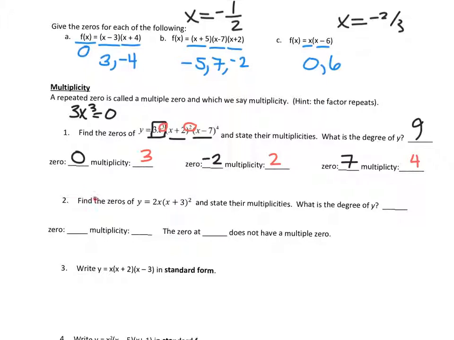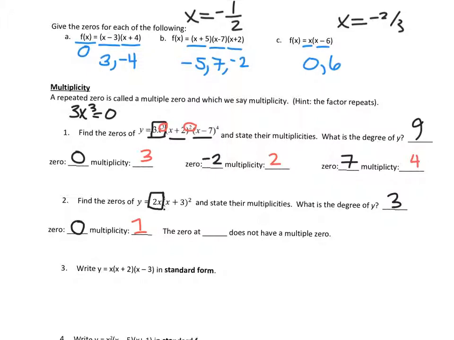Number 2, find the zeros and state their multiplicities. What's the degree of y? This is going to be degree 1 from the 2x, plus 2 zeros, so it's going to be degree 3. You set 2x equal to 0, so the zero at 0 has a multiplicity of 1.